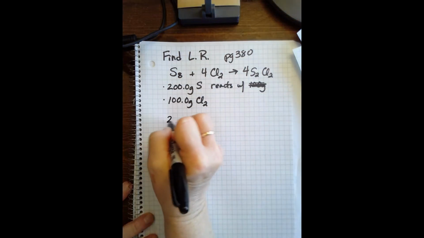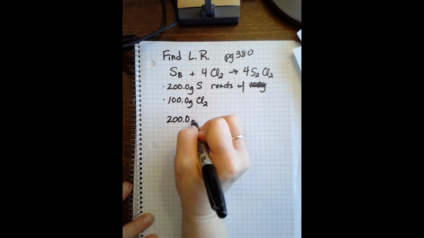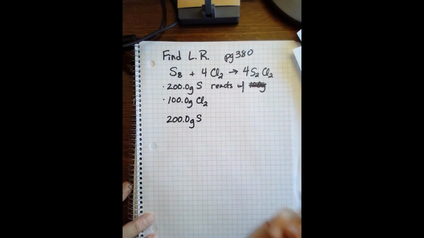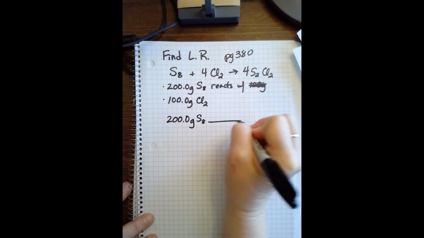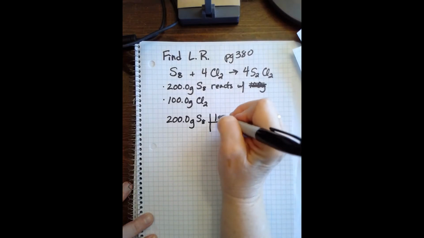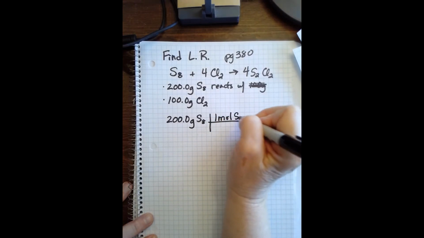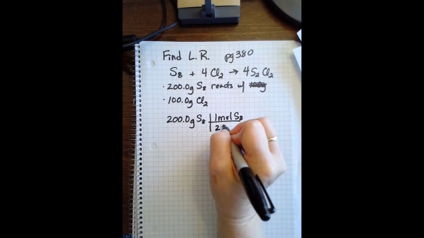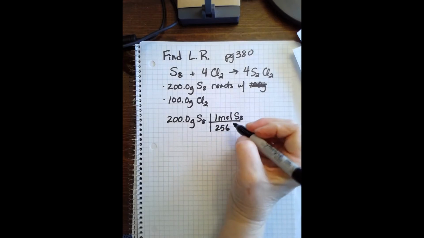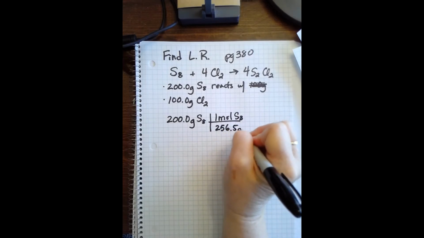So we take the mass of sulfur, I'm sorry, that should have been 8, of sulfur 8, and we have to convert this to moles. 1 mole of sulfur 8 is, and this is a ginormous molecule because it has 8 sulfurs in it, 256.8 grams.